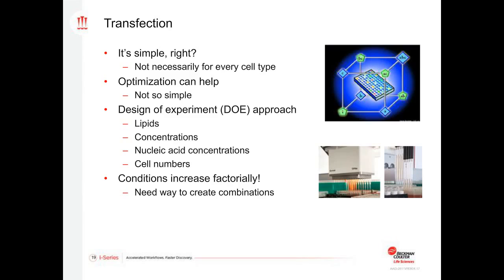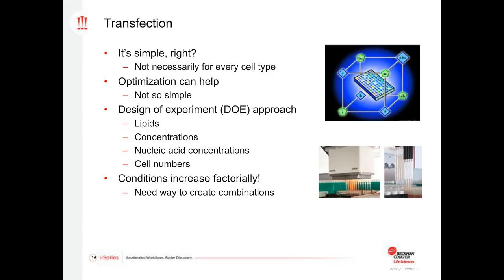For this example, we chose to use a design of experiment, or a DOE approach, where we changed the different lipids we were using. We tried different lipid concentrations, different concentrations of nucleic acids, and different cell numbers to see if we could identify an optimal condition for a variety of different cell lines. The difficulty with this approach is that first off, from an automation perspective, you need ways to create these combinations.